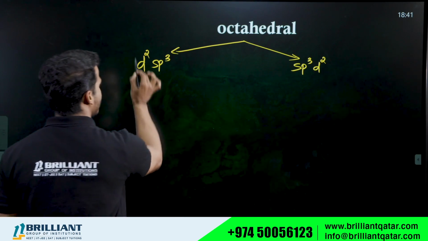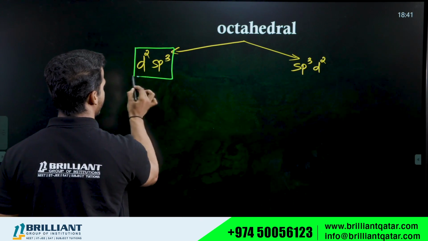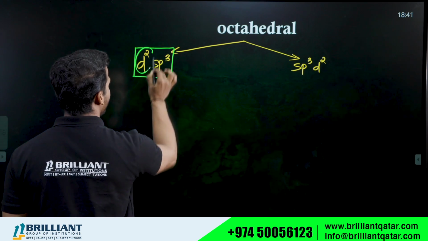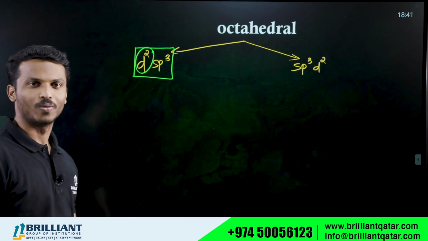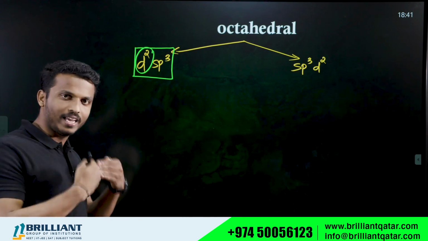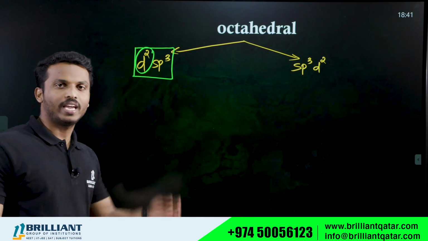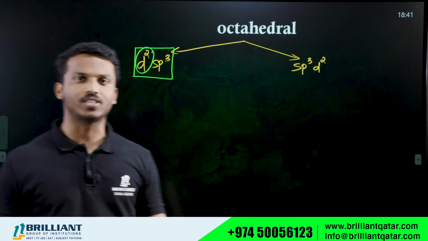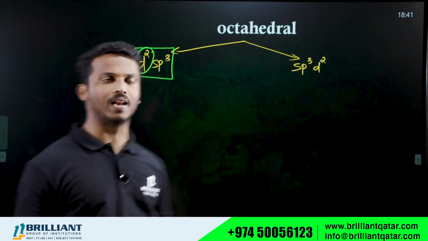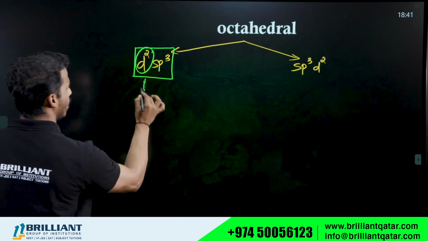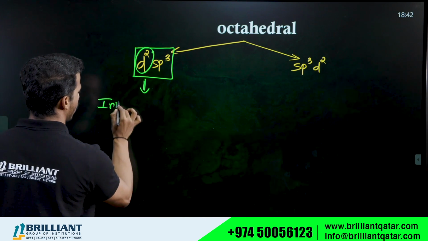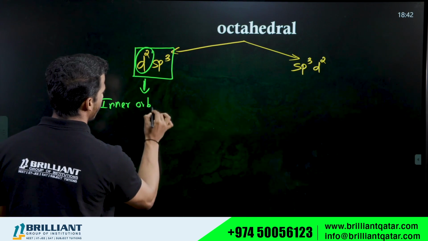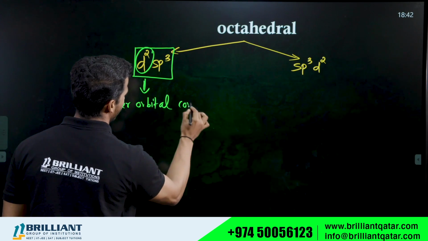In d2sp3 hybridization, they take the inner d orbital, then s, then p. Therefore, this type of complex is called an inner orbital complex.